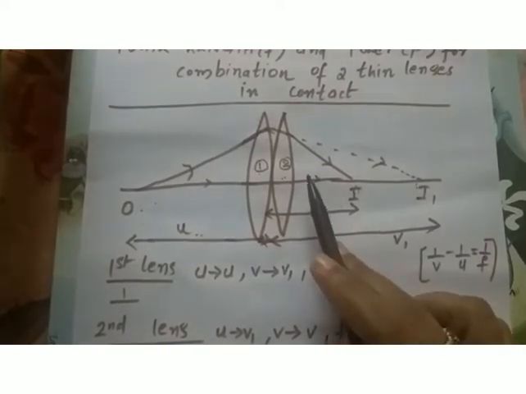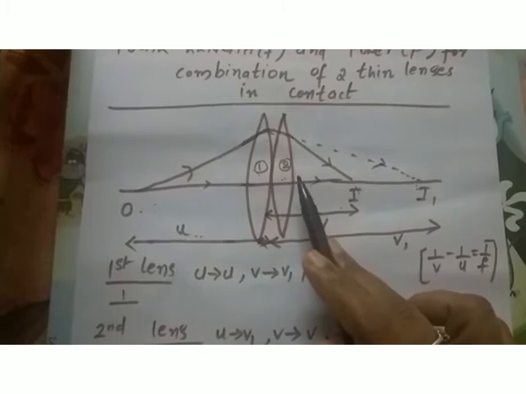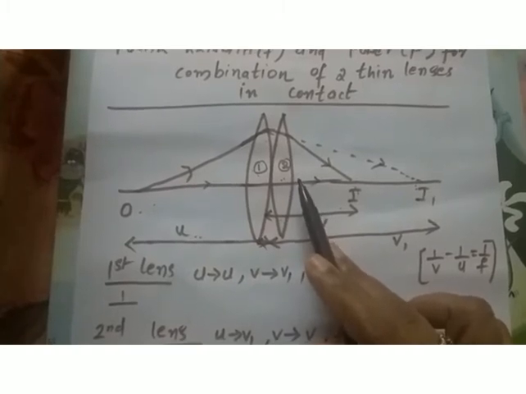Since the combination of lenses is thin, we can apply this formula. Now for the first lens, what will be this v, u and f?